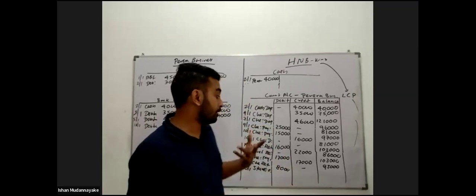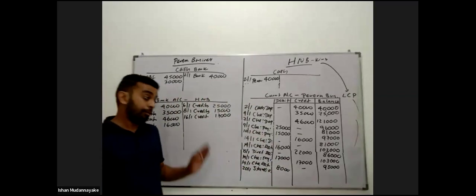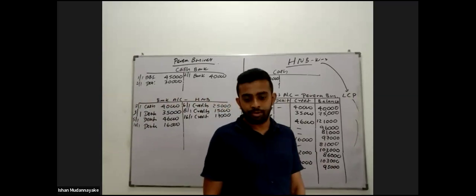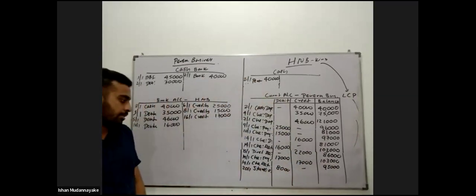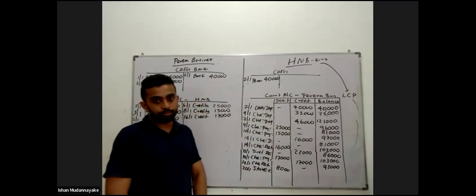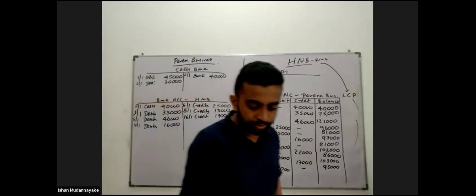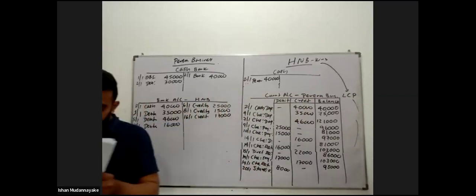We are unable to record this 8,000 here, but the bank paid that amount on time to the Silicon company. After receiving the bank statement, we can identify the standing order. Right, quickly record that one.